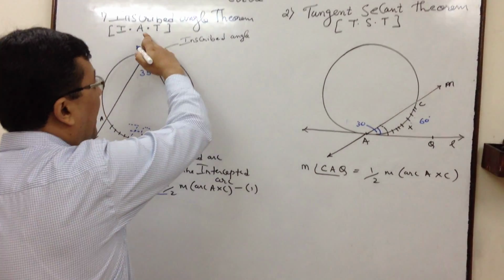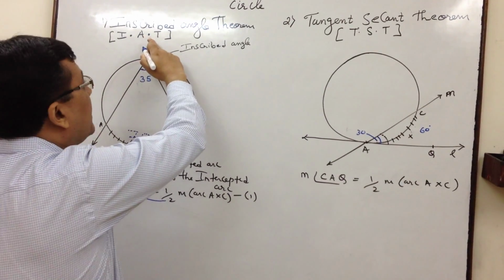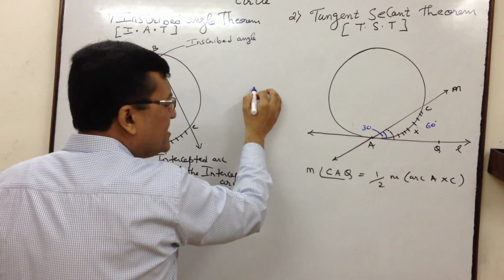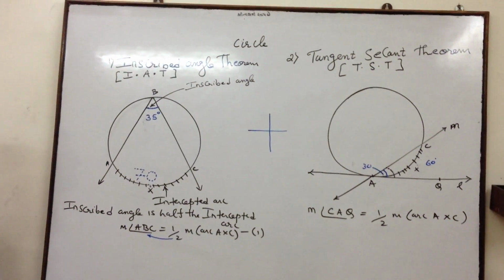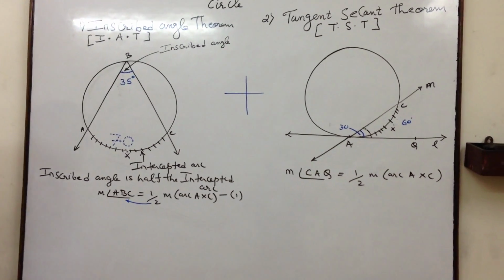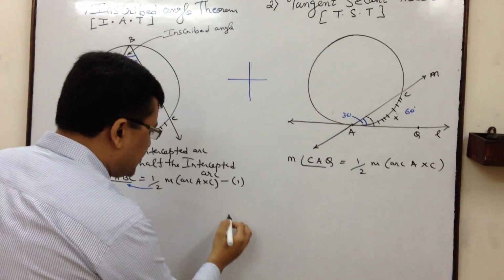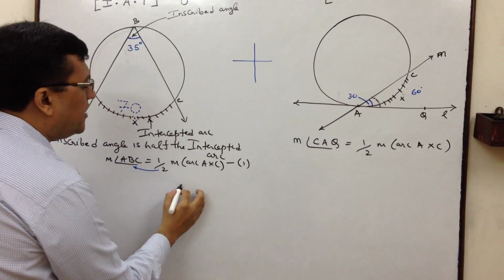What I do is, I sum up IAT and TST. So it's again from my side. There is nothing geometrical in this. It's only from my side. If I sum up, we come with a new concept, and the new concept is the third part.